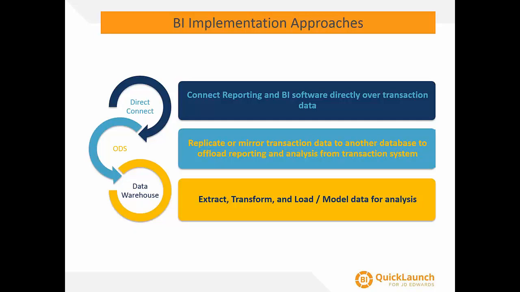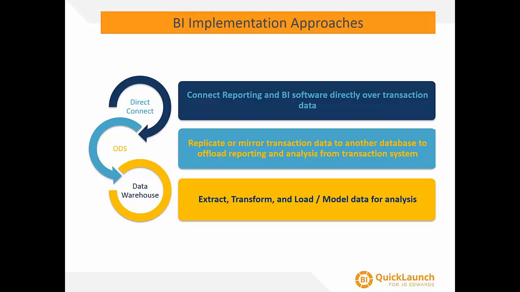But these are the three different approaches: direct connect, an ODS, and a data warehouse. Companies can implement these individually or in combination. We'll talk a little bit more about primarily the operational data store and data warehouse as we proceed through the session today.